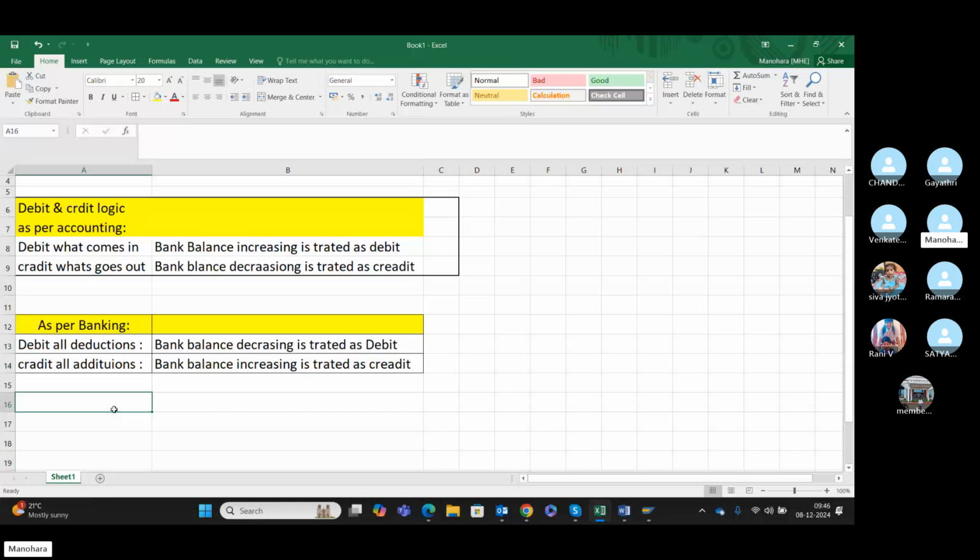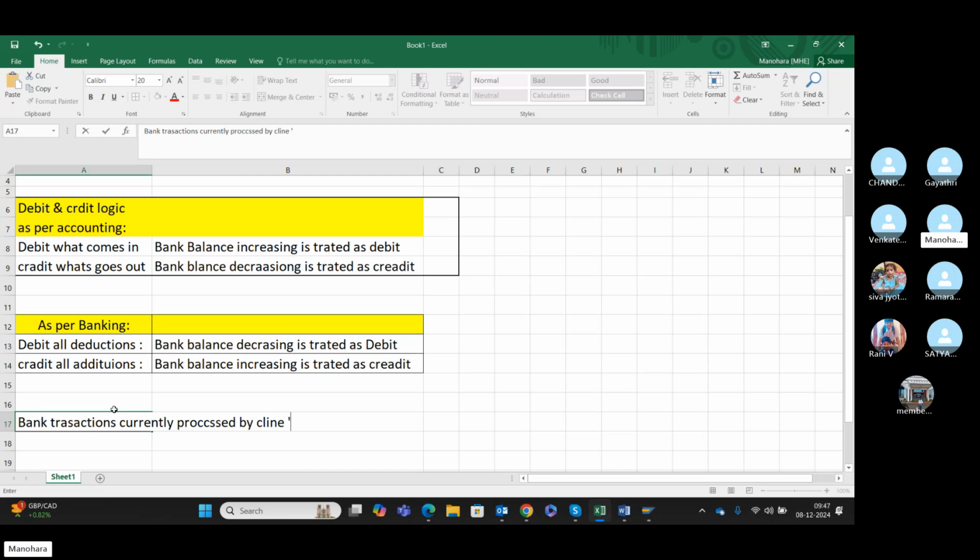Bank transactions currently processed by clients. Here we discussed how bank transactions are currently processed by the client.